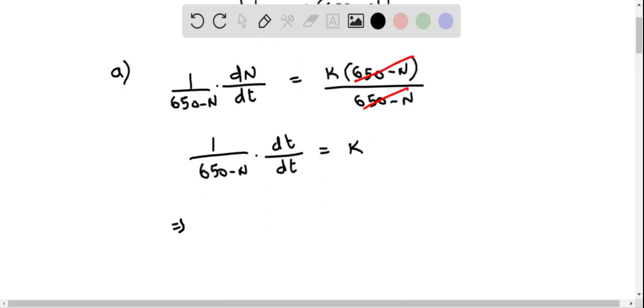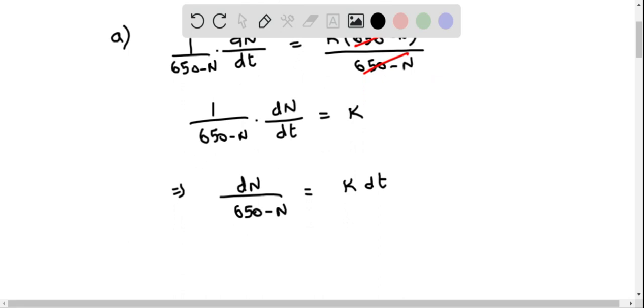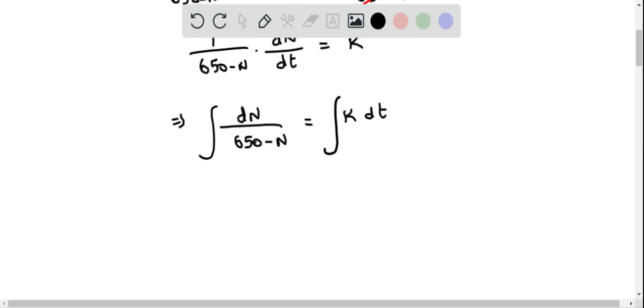I can write this as dn over 650 minus n, and this equals k times dt. So we have separated the variables, that is all n variables onto the left side and the t variables onto the right side. Now we integrate so that we can determine the general solution.